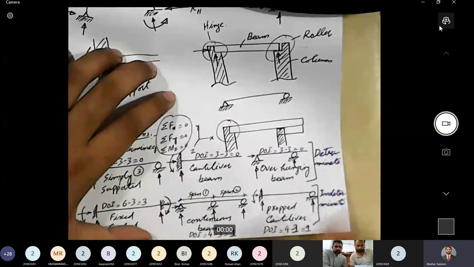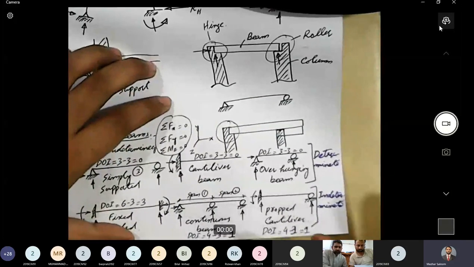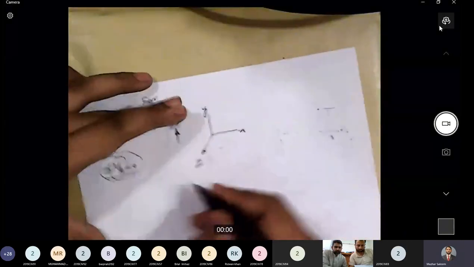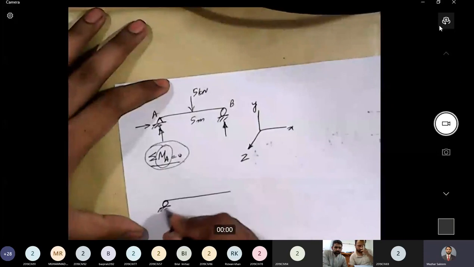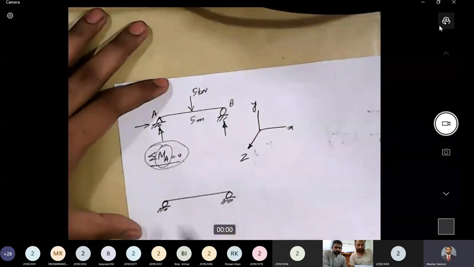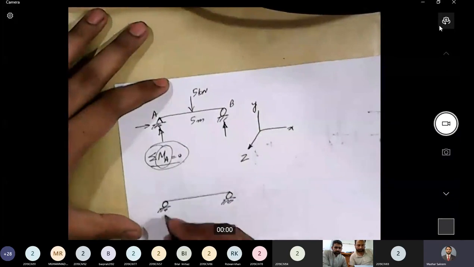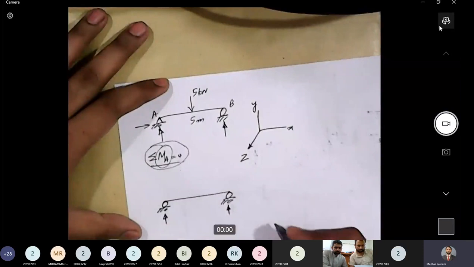If there are 2 reactions, let's say, that structure will still be a determinate structure because, for example, if I draw a beam like this, now this beam has 2 roller supports. How many reactions can it generate? It can generate 2 reactions only.